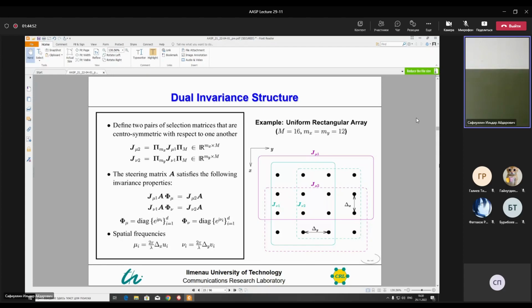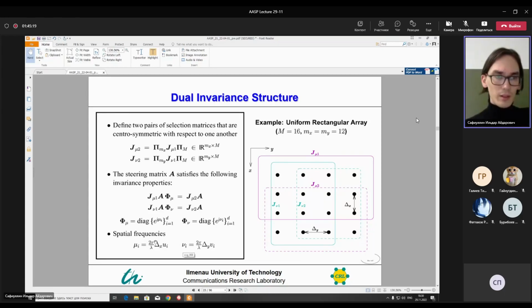And for the 2D case, we have two different spatial frequencies. The first one is frequency mu, and the second frequency mu. So mu for the y-axis, x-axis.